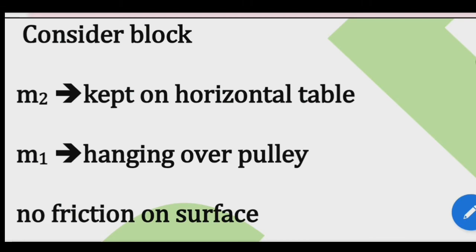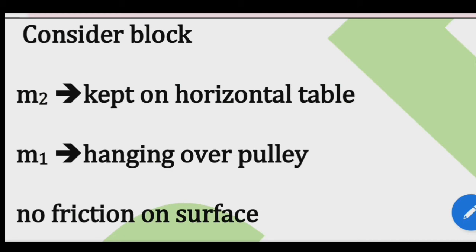As both the blocks are connected by an unstretchable string, if M1 moves with an acceleration a in the downward direction, then M2 also moves with the same acceleration a horizontally.